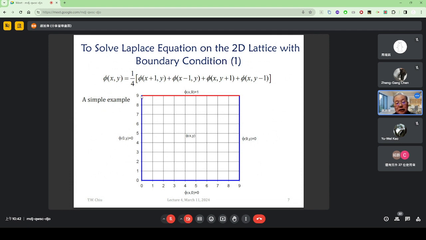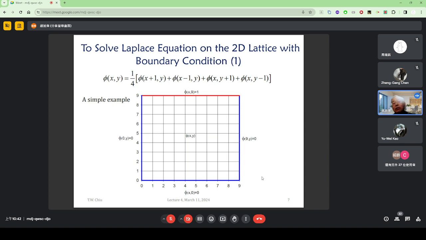Now, let me consider a 10 by 10 lattice, with the boundary condition that phi is 1 on the top. If I say y is 0 here, then here y is 9, and x equals 0 here, and x equals 9 on this boundary.